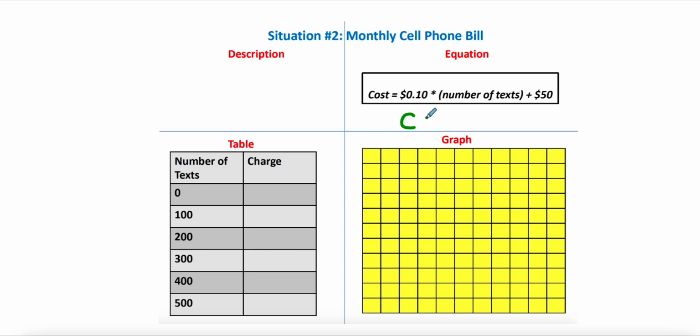So the cost equals 10 cents. T will be for the text. So there's my first variable, plus the $50.